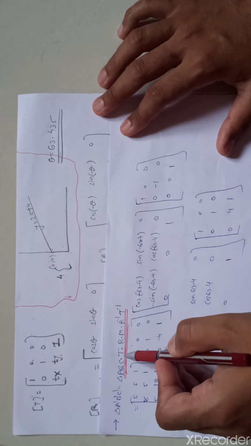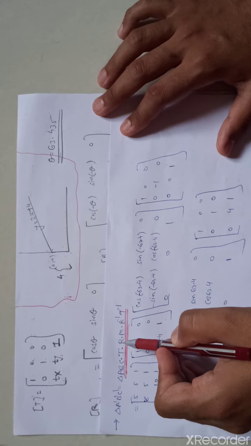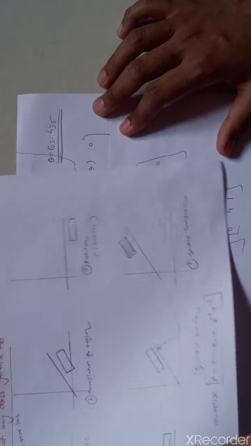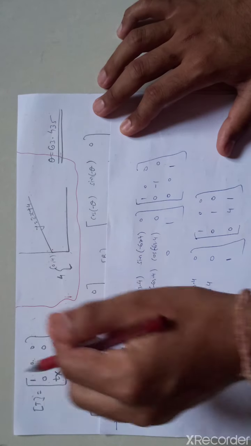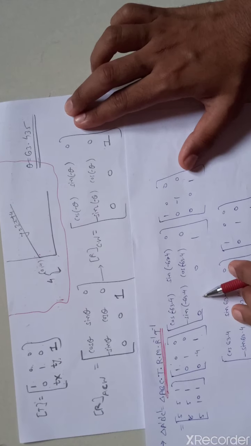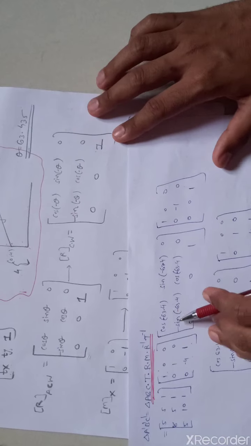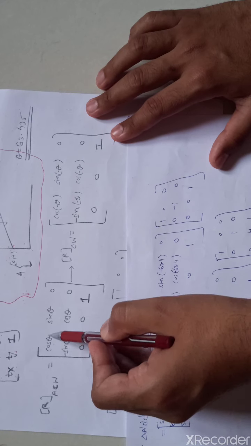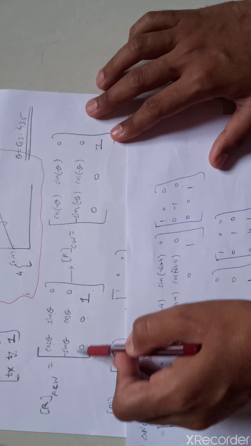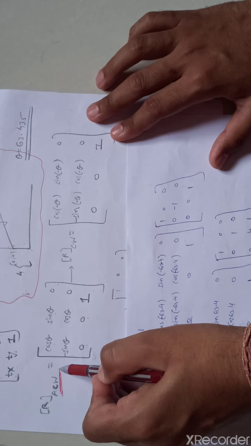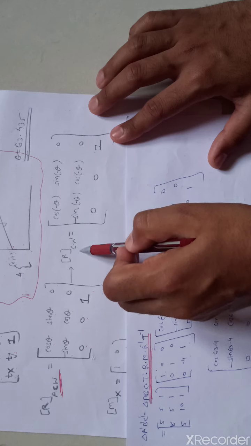Now rotation. Here we perform the rotation in the clockwise direction. So we write down the rotation formula. The rotation formula is given by cos theta, sin theta, 0; minus sin theta, cos theta, 0; 0 0 1 for anti-clockwise rotation, but here we perform the clockwise rotation.